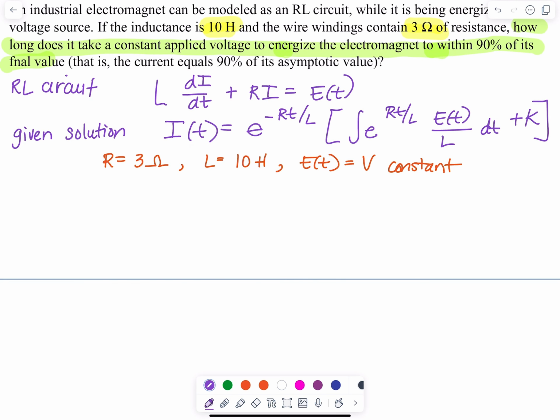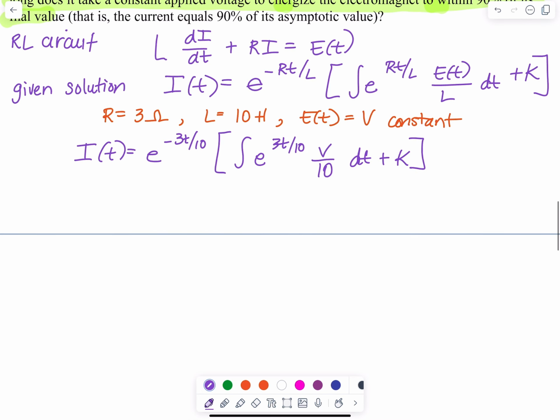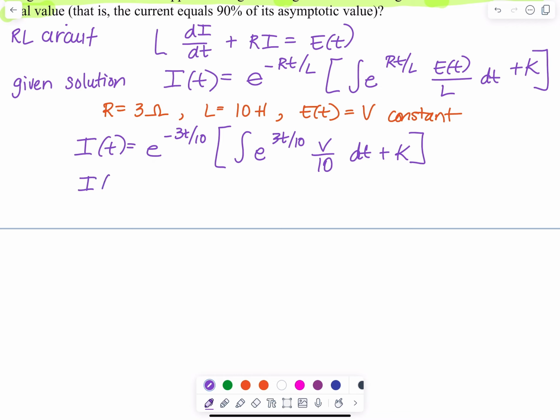So let's go ahead and plug that in. We have I of t is equal to e to the negative 3t over 10 multiplied by the integral of e to the 3t over 10 times V over 10 dt plus K. Let's go ahead and evaluate that integral. We have e to the negative 3t over 10.